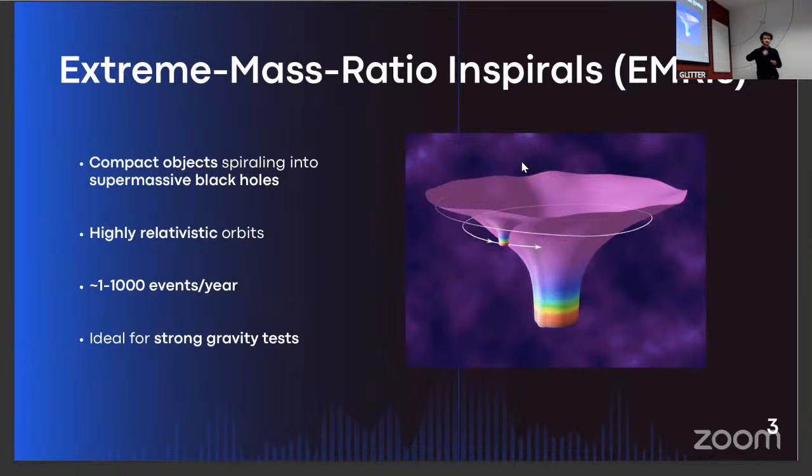So they create many cycles in the last year of each inspiral, specifically 10 to the 5 cycles during 1 year. And the detection rates depend on the astrophysical model you use to do the estimates, but we will be able to see either 1 or a few hundred. There is a big uncertainty. And the main point is that these systems are great laboratories to test general relativity at the fundamental level.